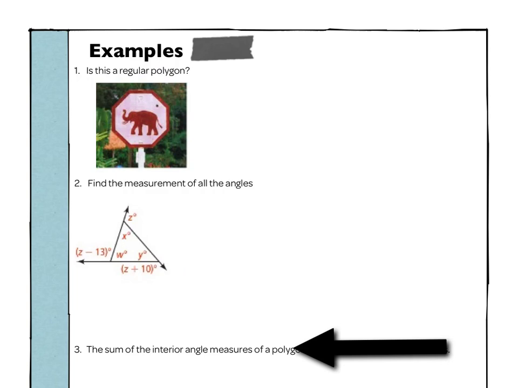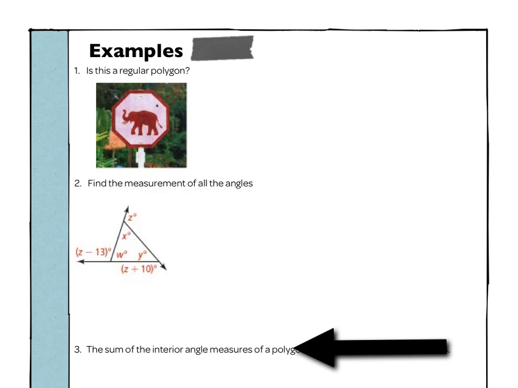If you look at this particular polygon, we know it's a polygon because it's a closed figure. It has at least 3 sides, it's got 4, so it's some type of quadrilateral. And these markings indicate that the opposite angles are congruent, but not that all the angles are congruent. So this is not a regular polygon. Okay, it's a polygon, but not a regular one.